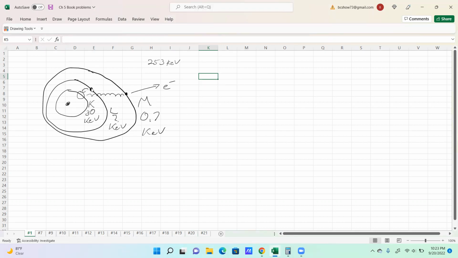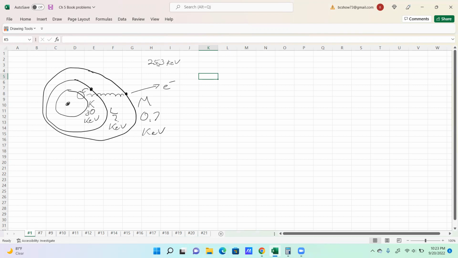So we know that there's a jump of an electron from L to K to help fill that vacancy. When that happens, there's a certain amount of energy that's released. Now, we don't know what that energy is because we don't know what the difference of the binding energy here is. What we do know is that this photon comes out here, interacts with an electron in the M shell, and it goes off.